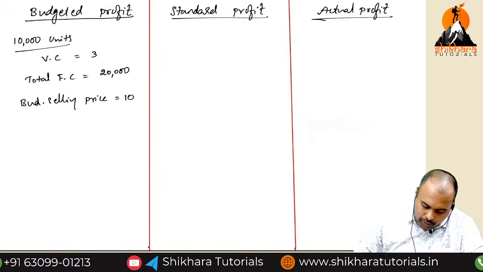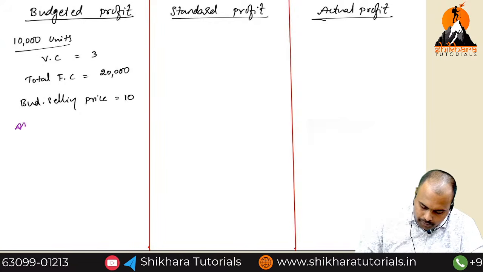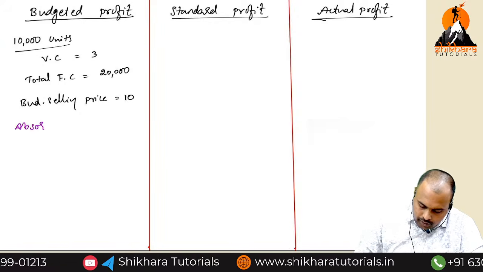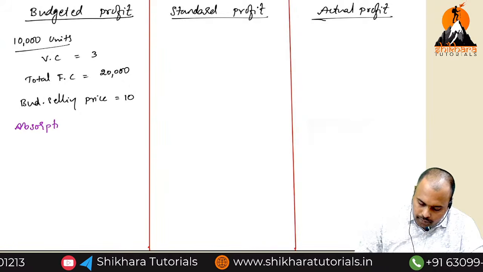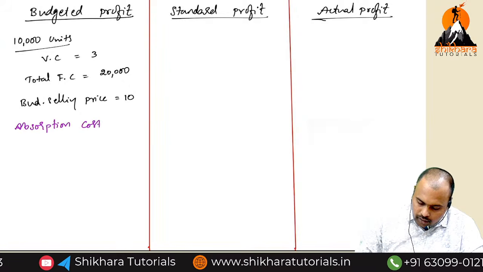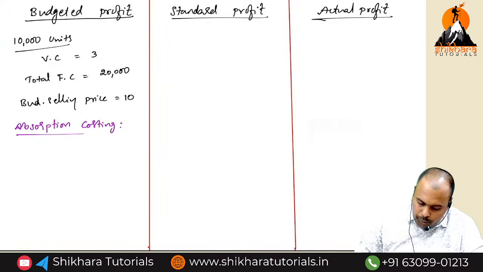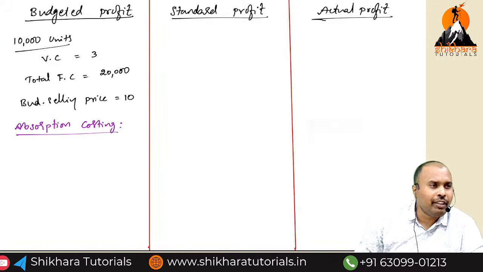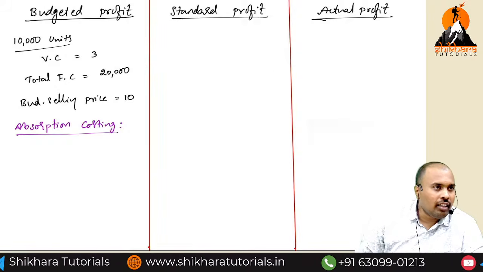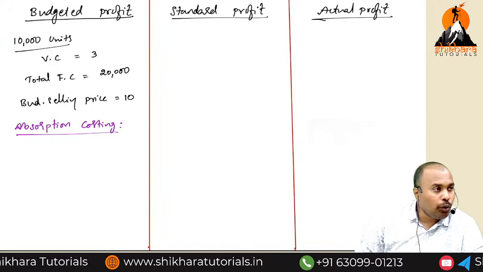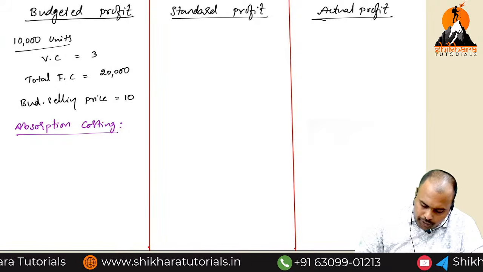Let me take it under two methods. One, absorption costing. Under absorption costing, what do we normally do? We calculate cost per unit totally. Now what is cost per unit?